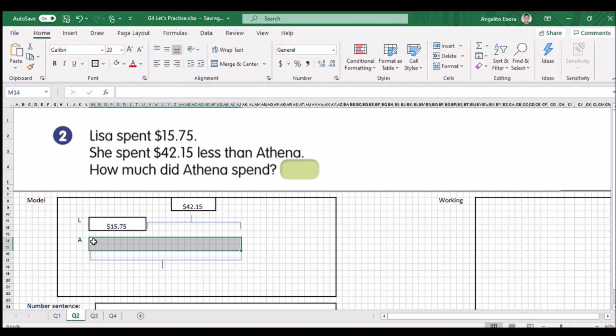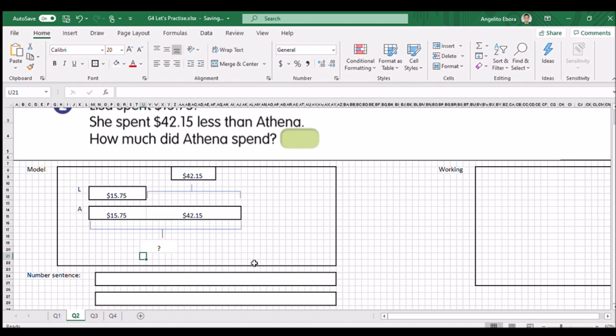Let me show it to you. This one is the same as $15.75 here, so just put the dollar sign. And you see this one is 42 from here until here, so this one is $42.15. So we put these together to find Athena. This one is a question mark. We don't know yet, so that's what we're going to find out.